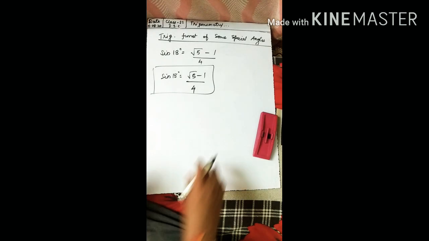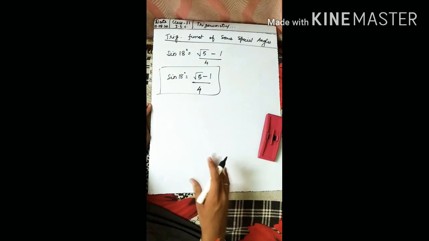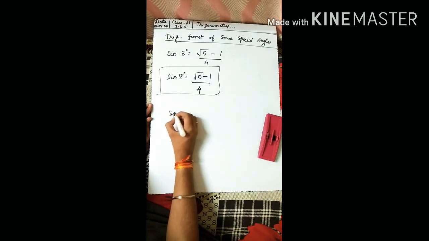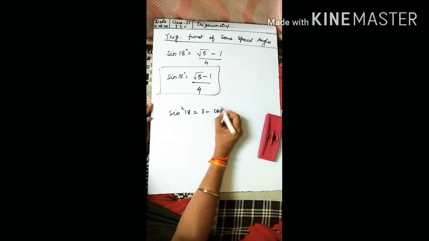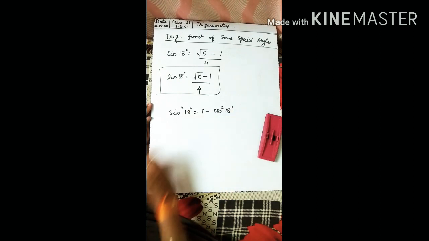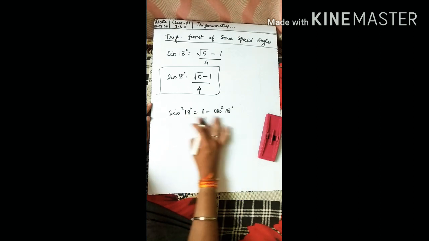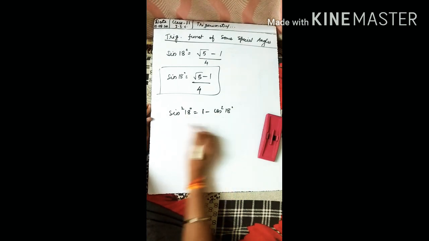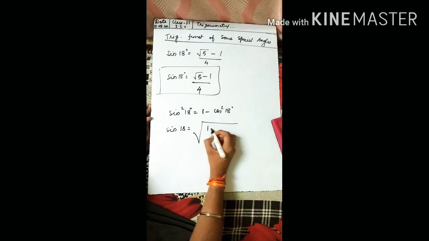Now from here, how can you find cos 18 degree? If you have sin 18 degree, you can easily find cos 18 degree. How? Because sin square 18 degree can be expressed as 1 minus cos square 18 degree. As sin square theta is equal to 1 minus cos square theta.